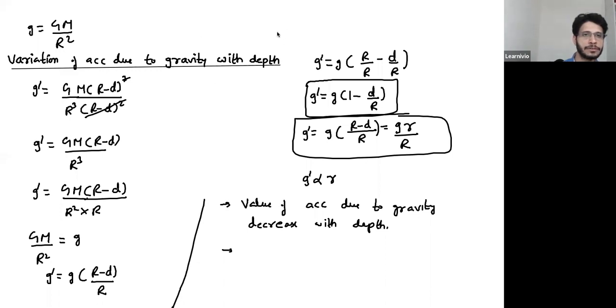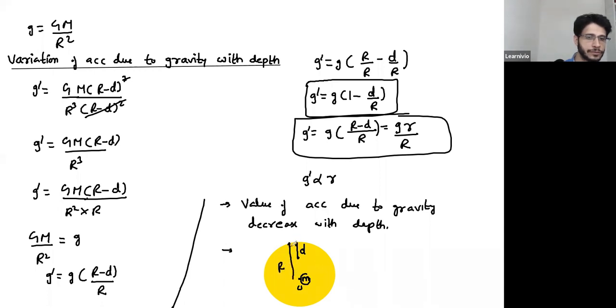Okay. Rania, can you guess the value of d at the center of Earth? This is Earth, and this is the depth, right? This is the center of Earth. If your body is here, then this is the depth. I'm saying your body is at the center of Earth. Then what's the value of d now?